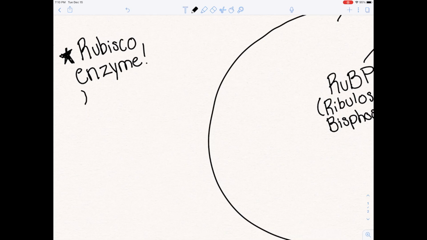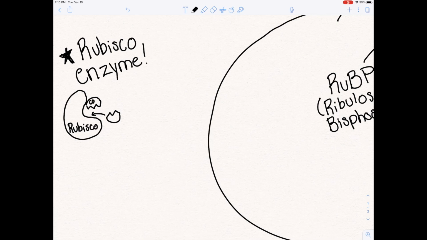To remind you guys of an enzyme sketch, I'll draw a quick one here. An enzyme has an active site where substrates can fit in, and for labeling this, we'll say that this enzyme is rubisco.